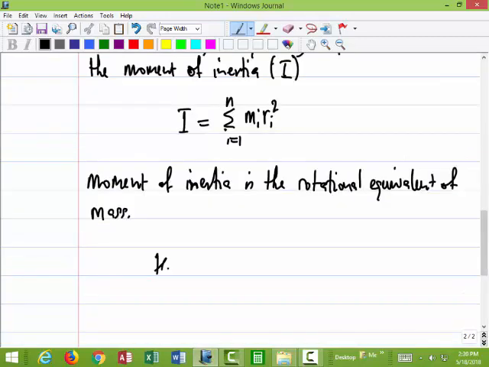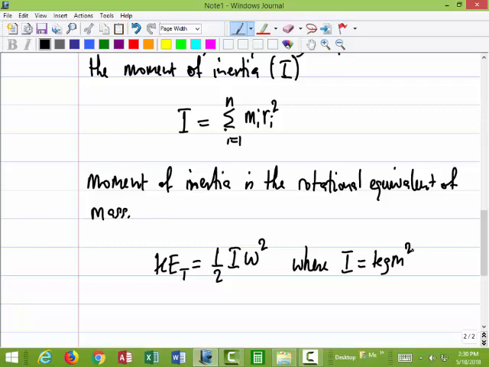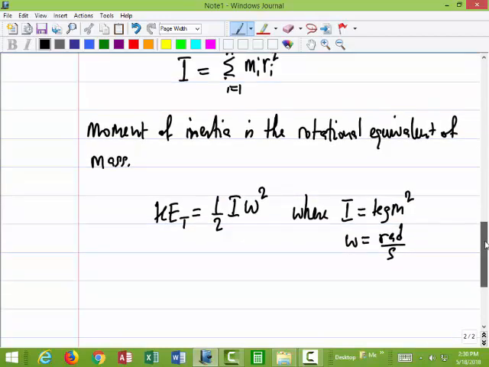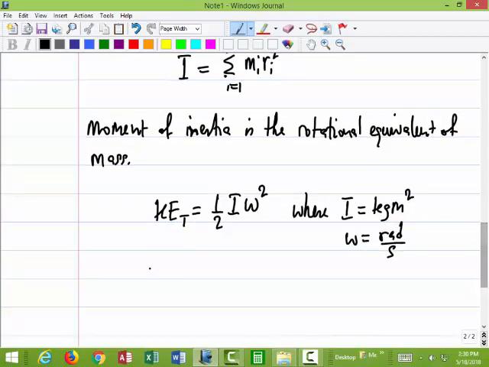So we can now write the total kinetic energy of this rigid body as half I times omega squared, where I is in the units of kilograms meters squared, and omega is radians per second. So that gives us the kinetic energy in joules. So we can say this is rotational kinetic energy, and it's equal to half I omega squared.